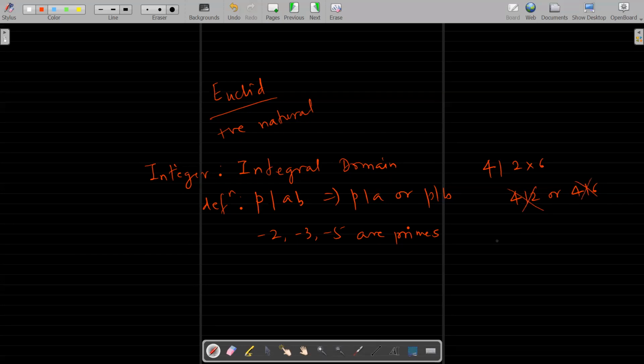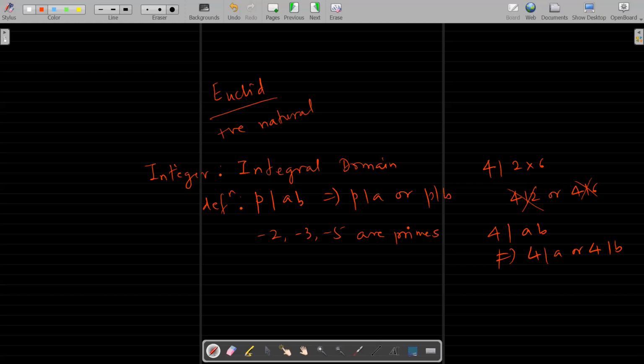So more generally, for a composite number, say 4, 4 divides AB does not imply 4 divides A or 4 divides B. That is not true. But for primes, this is true, and it can be proved as a property called Euclid's lemma. So even in integers, this property holds for prime numbers, not for composite numbers.